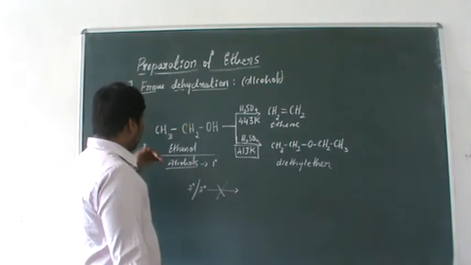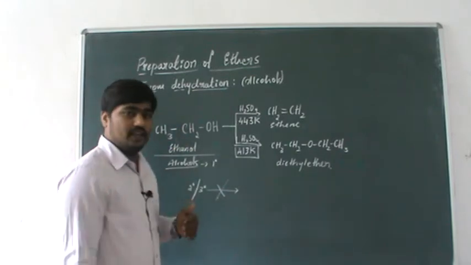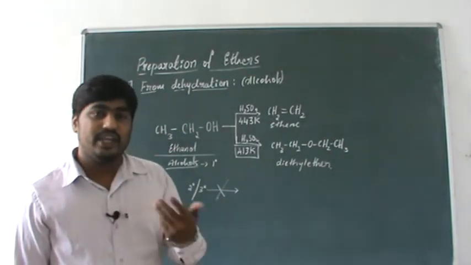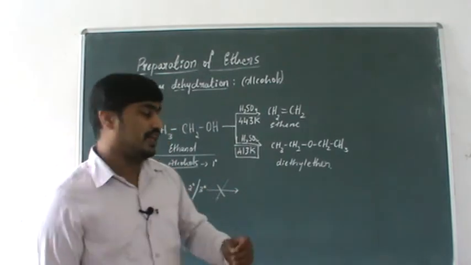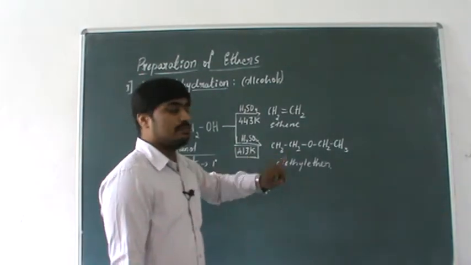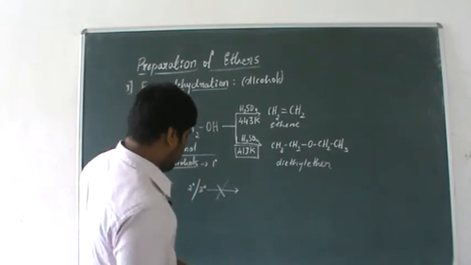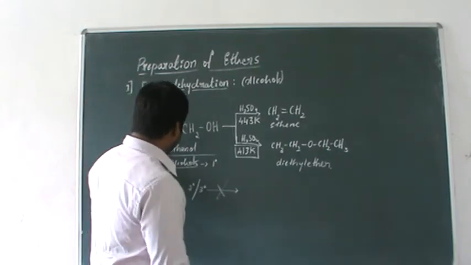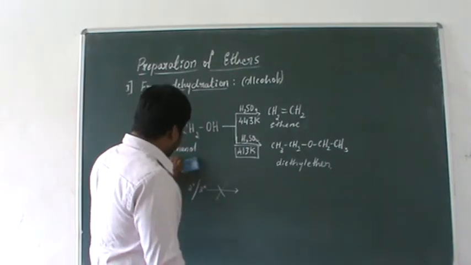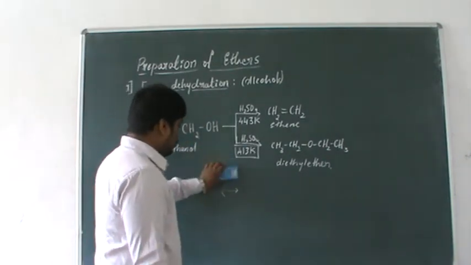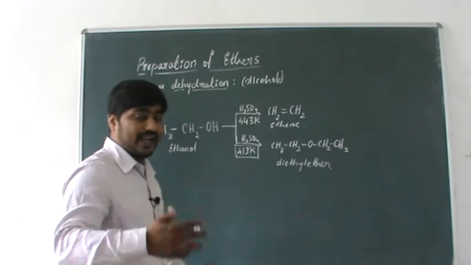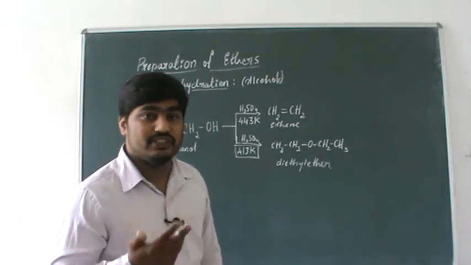Next, when we use the primary alcohol, it undergoes dehydration in such a way that it undergoes substitution. What type of substitution do we observe? Let us discuss the mechanism of this reaction to conclude what type of mechanism and what type of reaction we observe.